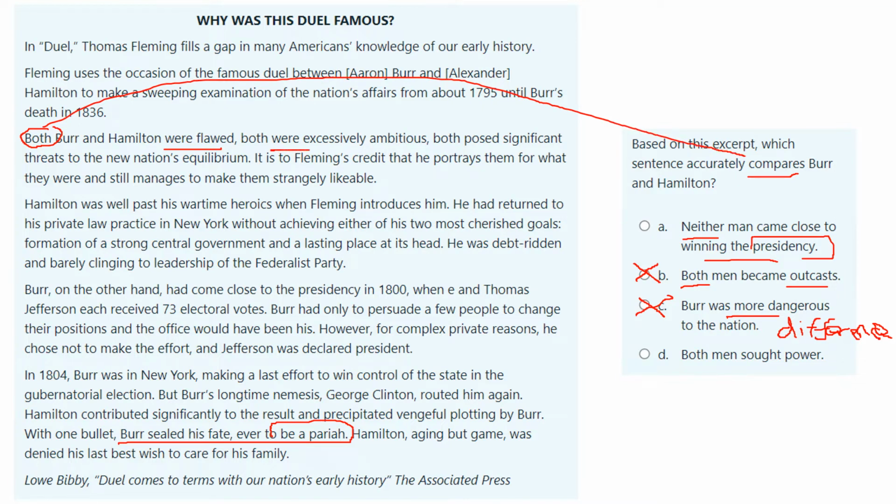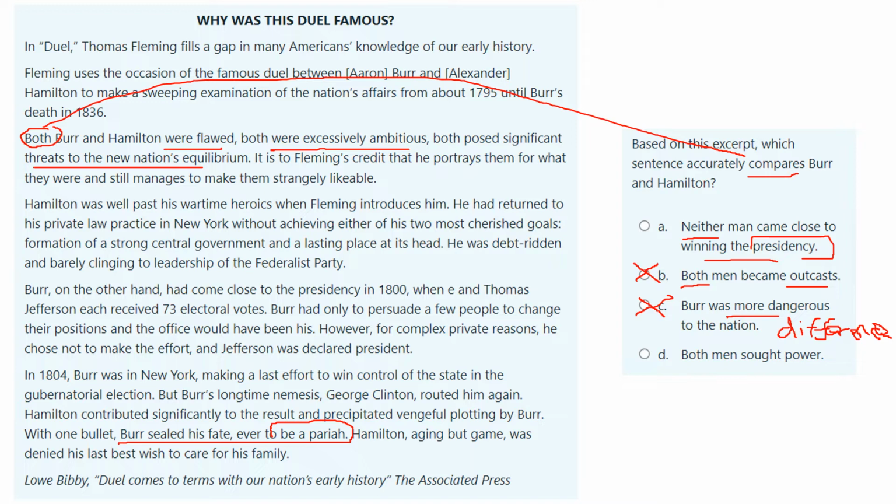Both were excessively ambitious. They wanted to do well. Both posed significant threats to the nation's equilibrium. Both were dangerous to the nation's balance. It is to Fleming's credit that he portrays them for what they were and still manages to make them strangely likable. So the next two paragraphs explain about Hamilton and Burr separately.